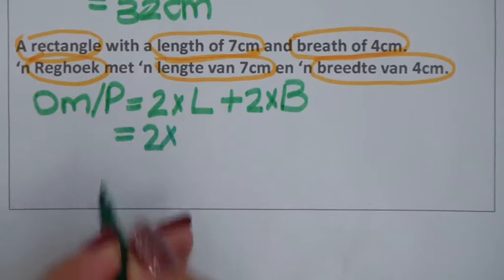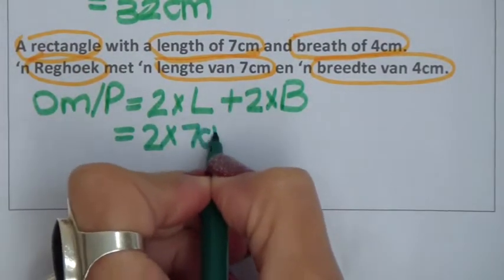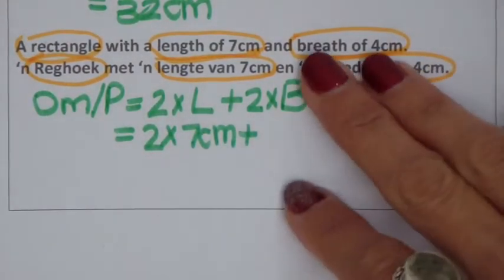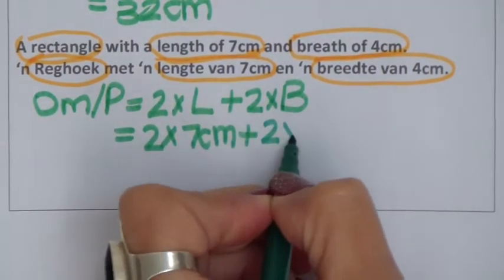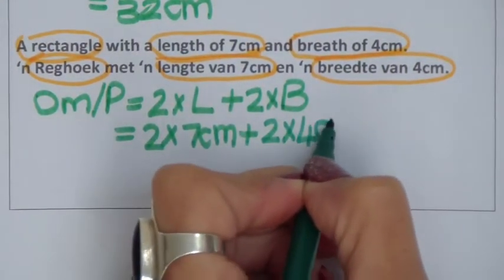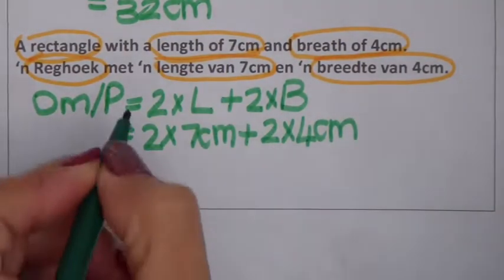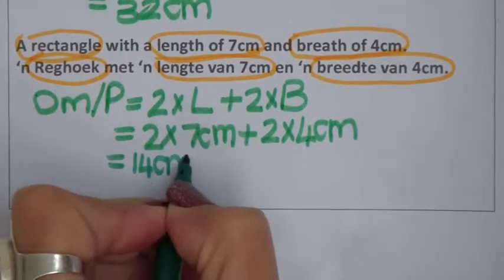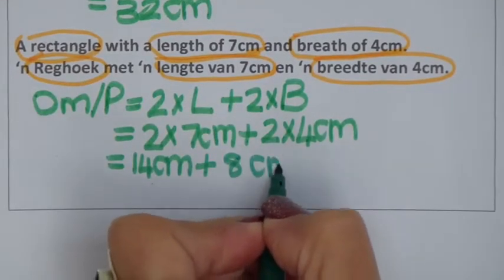2 times the length, what did I say? Oh, the length is 7 centimeters. 2 maal die lengte is 7 centimeter, plus die breedte is 4 centimeter, the breadth is 4 centimeters, so it's 2 times 4 centimeters. En nou sê ons 2 maal 7, dis 14 centimeter, plus 2 times 4, that's 8 centimeters.